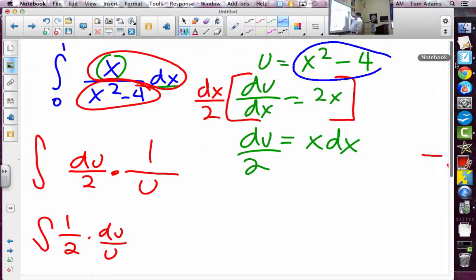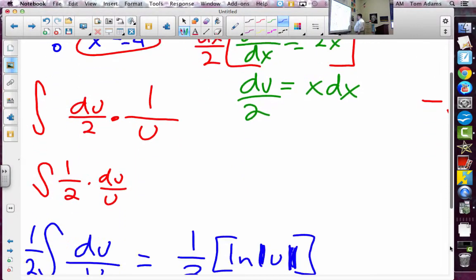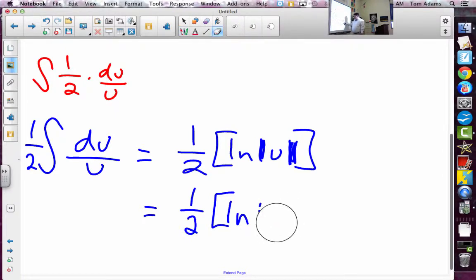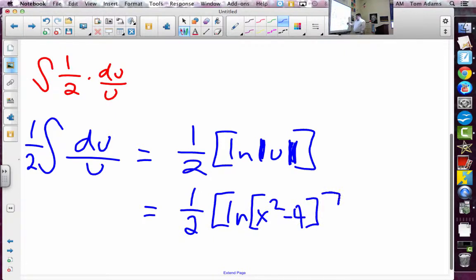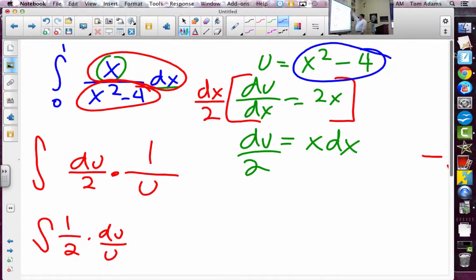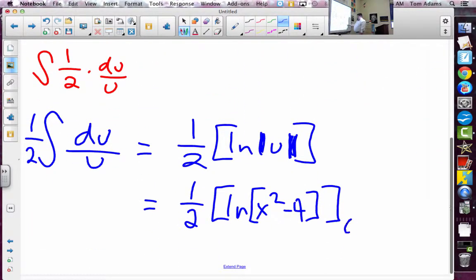So to evaluate this, I'm going to say the natural log of the absolute value of x squared minus 4, times 1/2. But now I'm going to plug in my upper and lower limits, from 0 to 1.